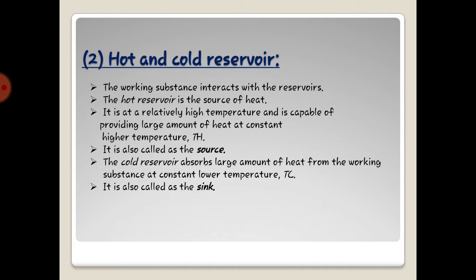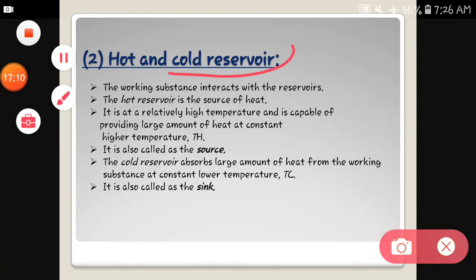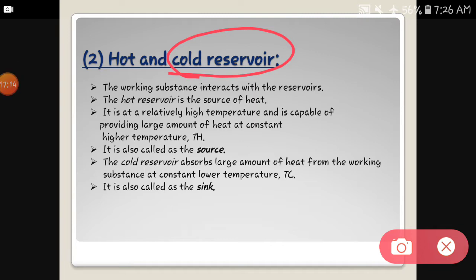And the second term inside the heading is cold reservoir. Now what does the cold reservoir do? As the heat is being given to the working substance, some heat is being absorbed by the cold reservoir.